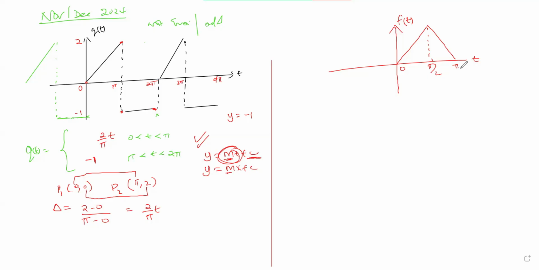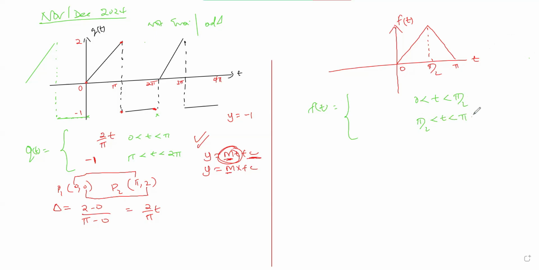So from 0 to pi over 2 up to pi, that is the total period for that function. So therefore, f(t) is given by, we start with our limit, t up to pi over 2, then from pi over 2 up to pi.